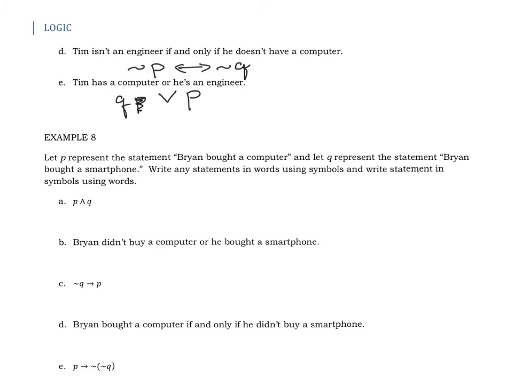What was P? That was Brian bought a computer. So Brian bought a computer, and he bought a smartphone.